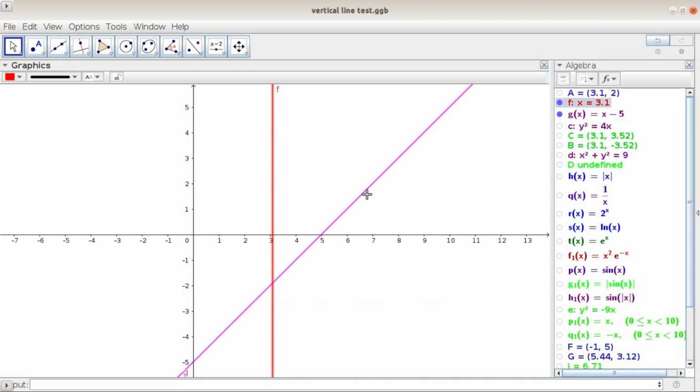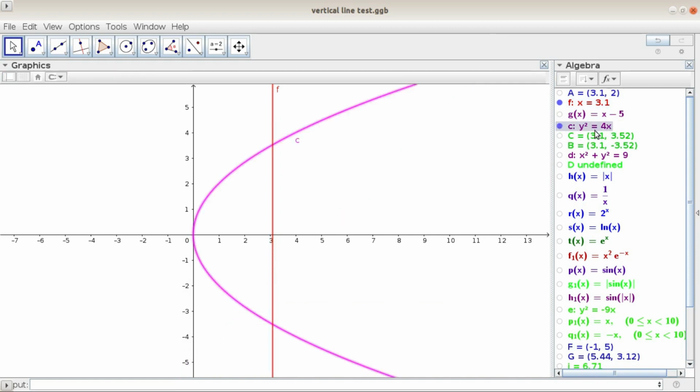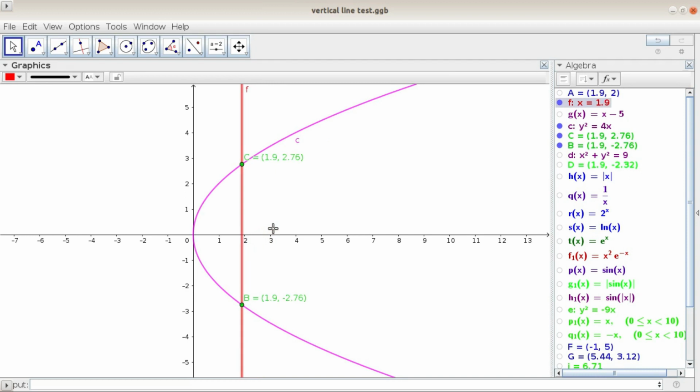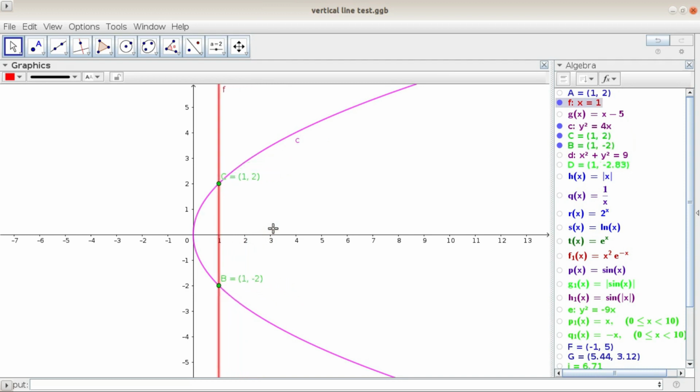Now consider the graph of y square equal to 4x. Here the vertical line intersects the given graph at two points, C and B. When we move this vertical line, we get different values for C. When x is 1, we have two different values for y.